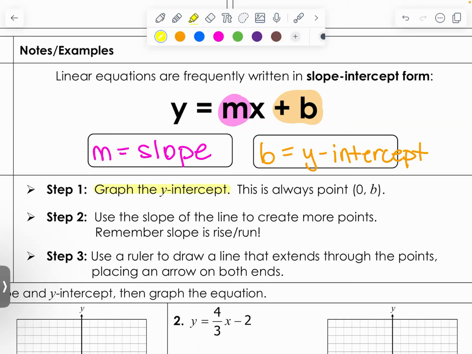Then we are going to use the slope to create more points. I am going to ask you to plot 2 more points after you plot B, so I'm going to see a total of 3 points on your graph, just to make sure we get a nice straight line.